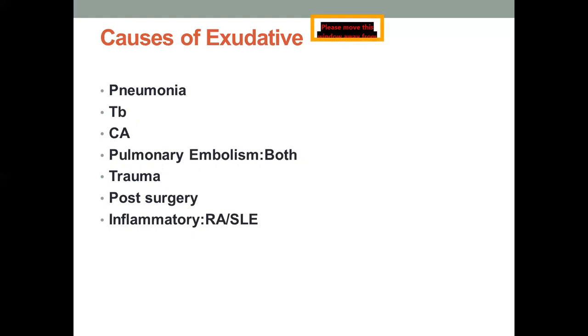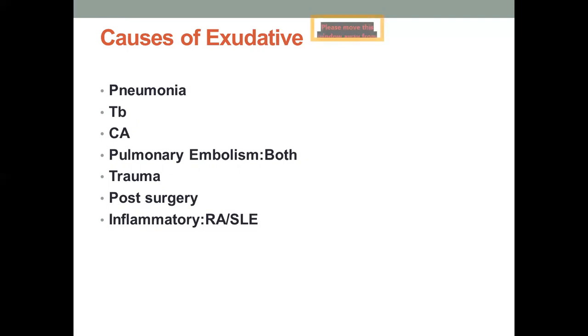And causes of exudates are pneumonia and parapneumonic effusion, tuberculosis, carcinoma, pulmonary embolism. Pulmonary embolism can cause both exudative and transudative pleural effusion.